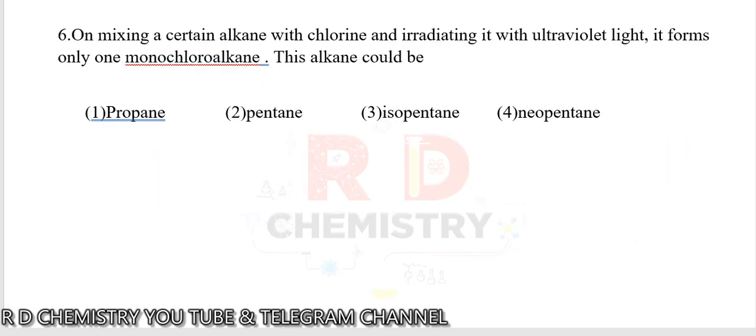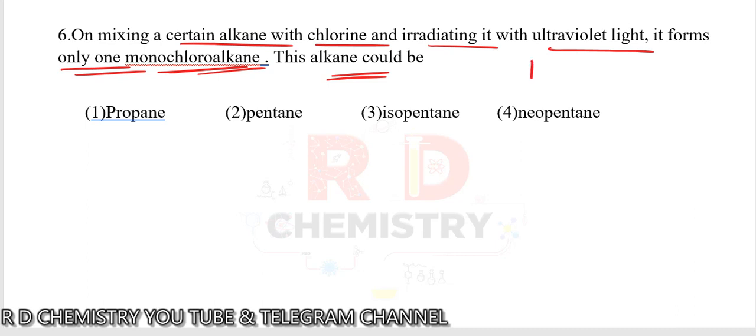Question number 6. On mixing a certain alkane with chlorine and irradiating with ultraviolet light, it forms only one monochloroalkane. If it gives only one monochloroalkane, all the hydrogens present should be of the same type.